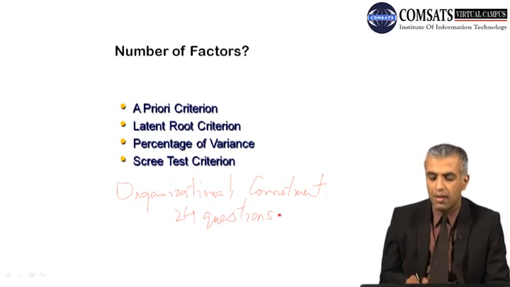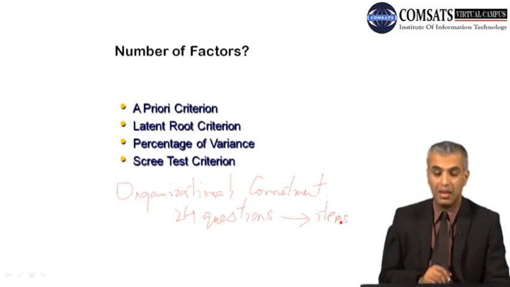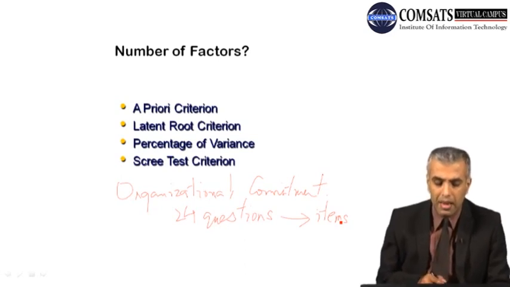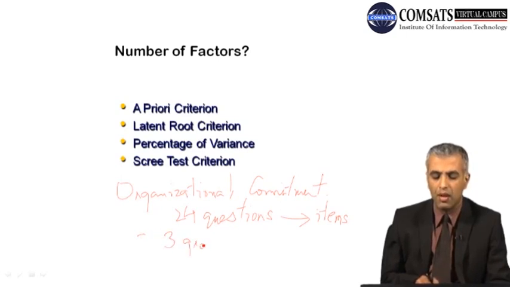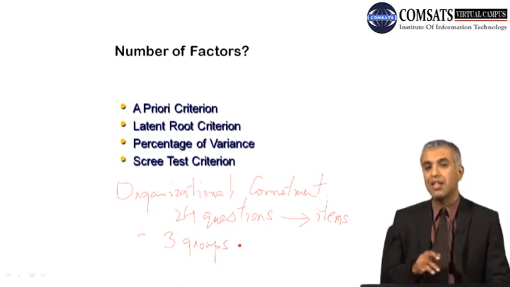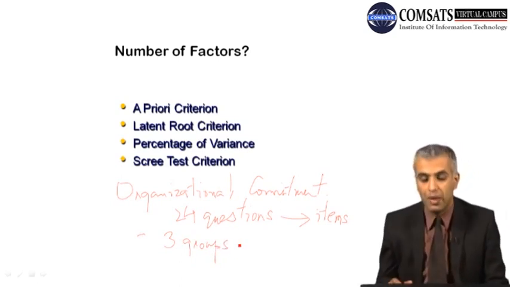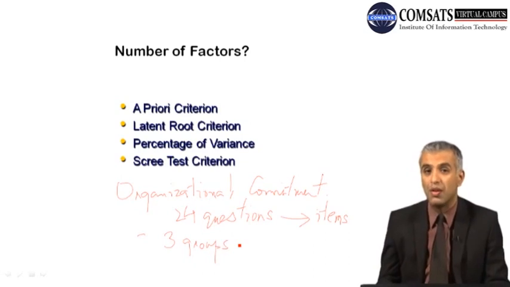These questions are also termed as items. Now based on theory, it is stated that these 24 questions should be divided into three groups. So three different types as per theory may exist within those 24 questions.